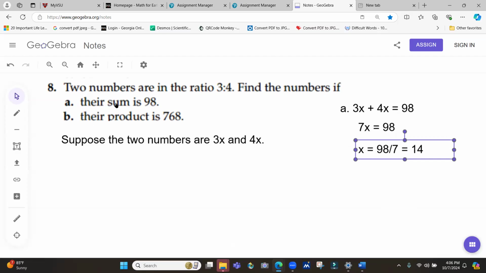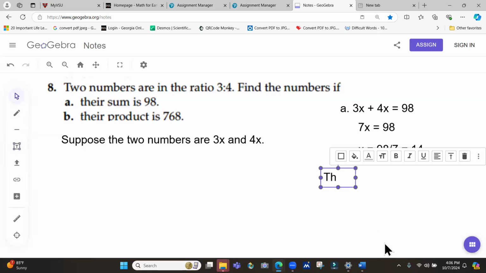What do they want? They want the two numbers. Your number is not 14. X is 14. Your numbers are 3 times 14 and 4 times 14. So be careful. So you will say the numbers are 3 times 14 is 42.